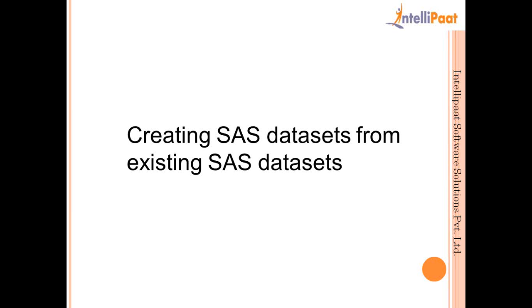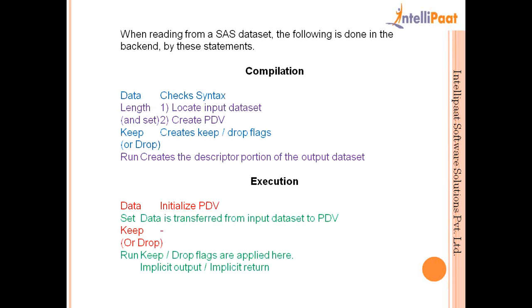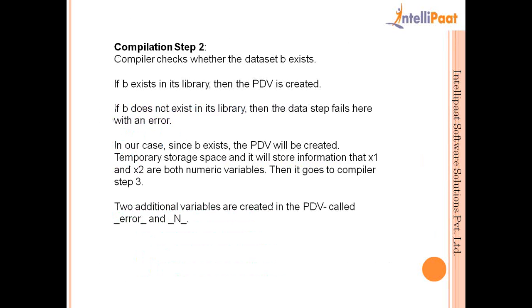We have already seen what functionality it uses in the backend, but let's see again. Both the processes would be involved, whether it is a compilation phase or execution phase. Compilation is used every time we create a new program, and then execution. This is what we have already seen.